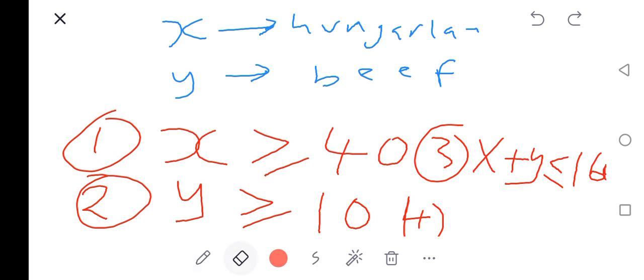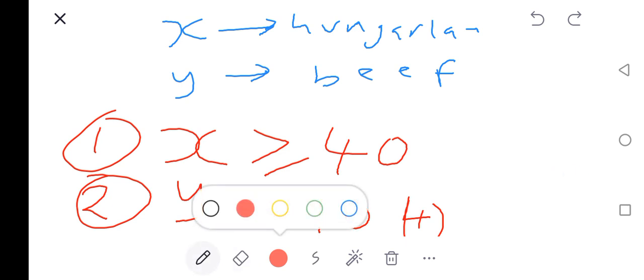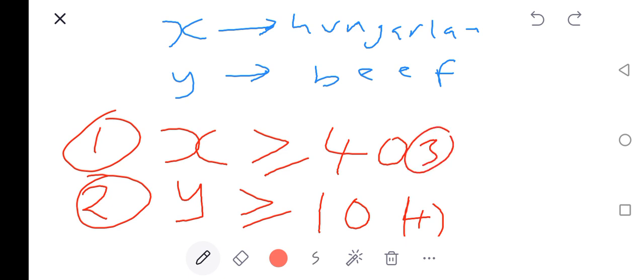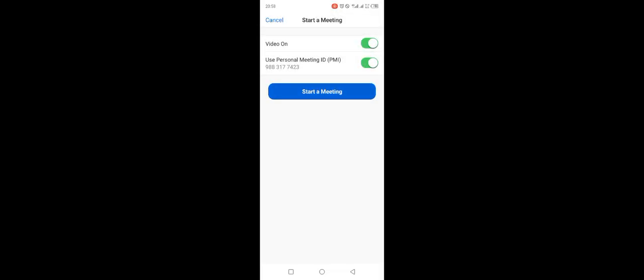You are behind on the third one. The third one, they are saying this.